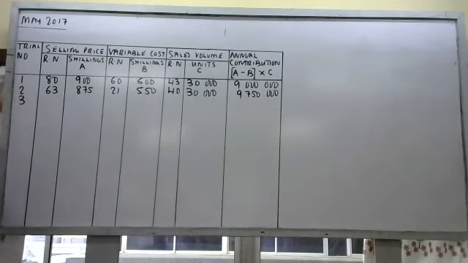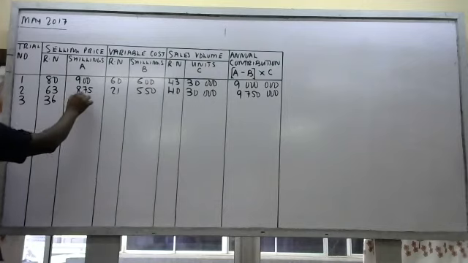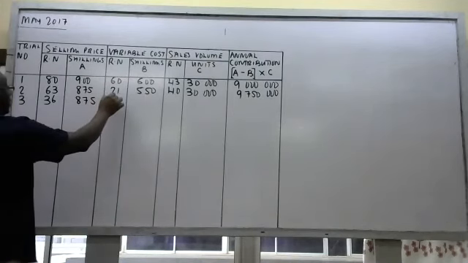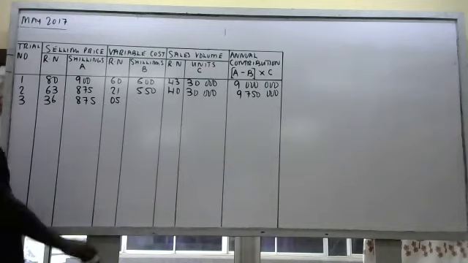Day number 3 after 40 is 36. 875 again. Then I have 05 is 350.